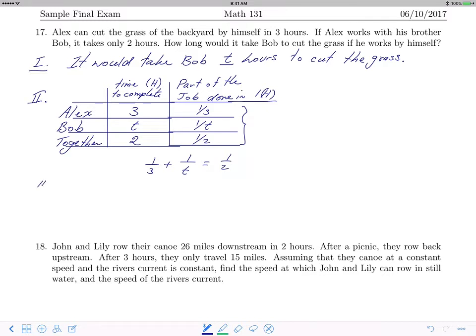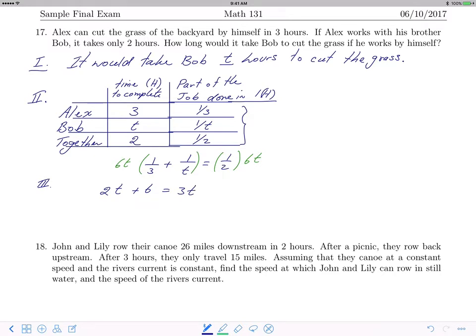Now to solve this equation, which is step 3, you're going to multiply both sides of this equation by the LCD, which is 6, and simplify. So we get 2t plus 6 equals 3t.